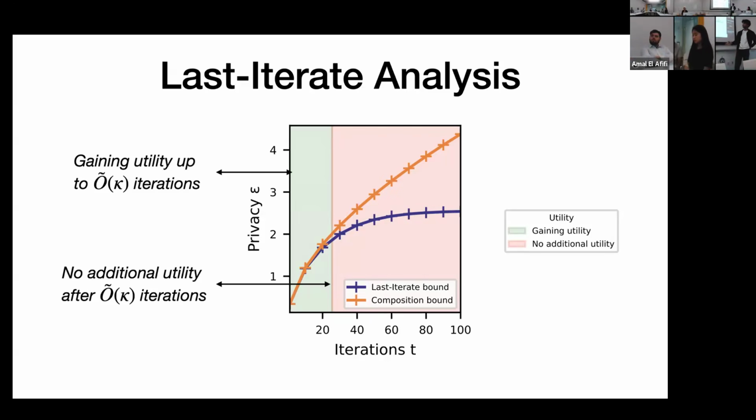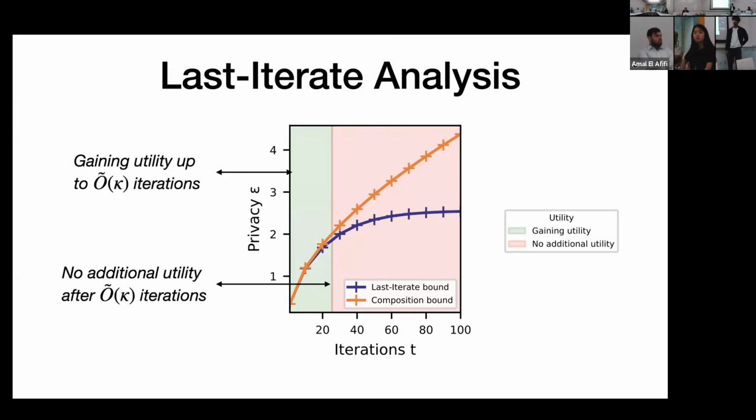One other point that I don't talk about explicitly here that should be mentioned is that if you're able to do accounting via amplification by iteration, you need access to essentially the same quantities that would allow you to characterize this condition number. So I see, there's some dependence on kappa in there. Exactly. Got it. So if you know enough information about your optimization problem to be able to do amplification by iteration at all, then you'd be better off just stopping early because you know where you have to stop.